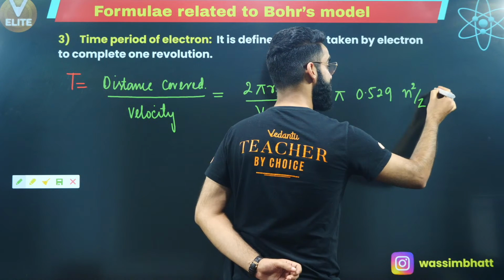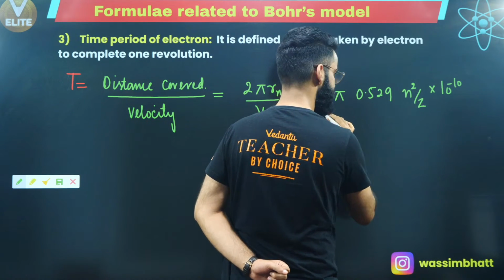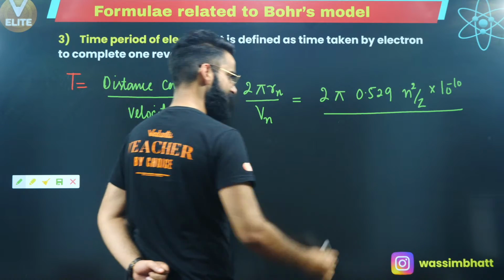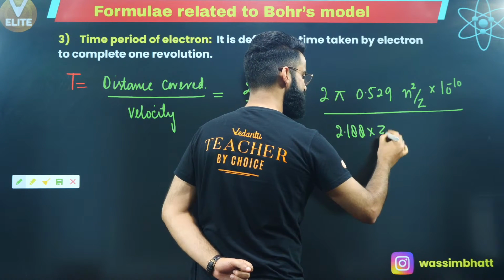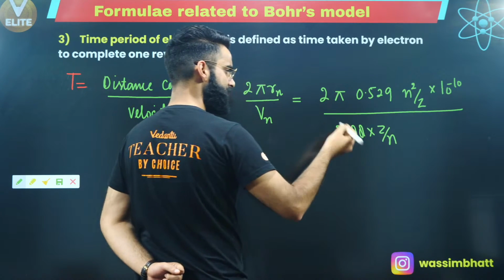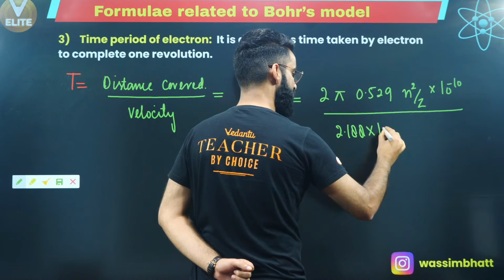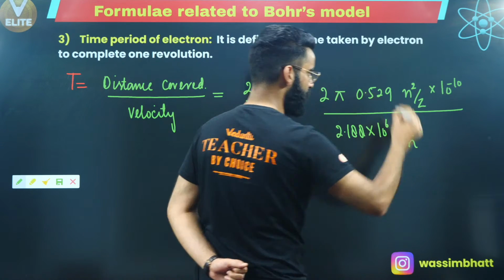But let's convert it into meters, so it's going to be 10 raised to the power minus 10 meters, divided by the velocity. In the denominator, you have got velocity, which a few minutes back I told you is 2.188 into 10 raised to the power 6 multiplied by z divided by n.